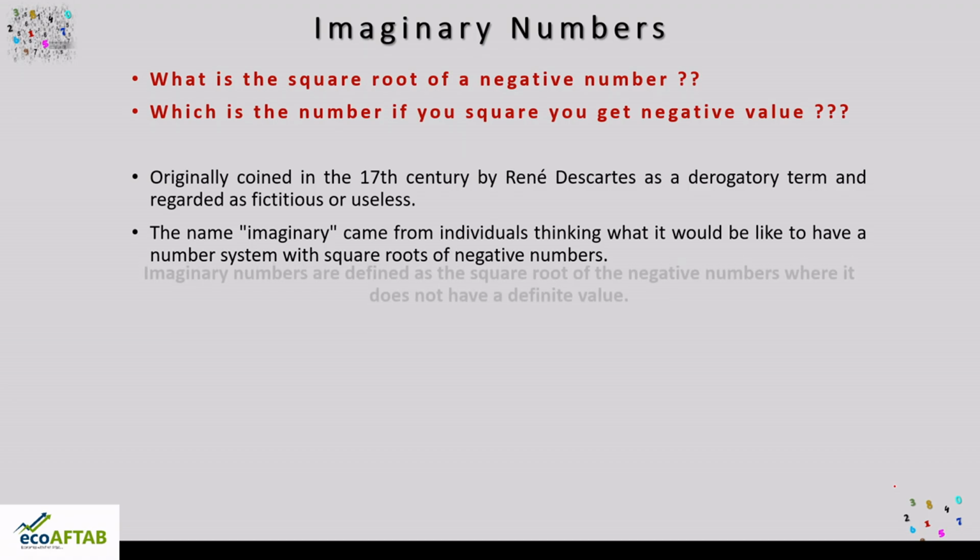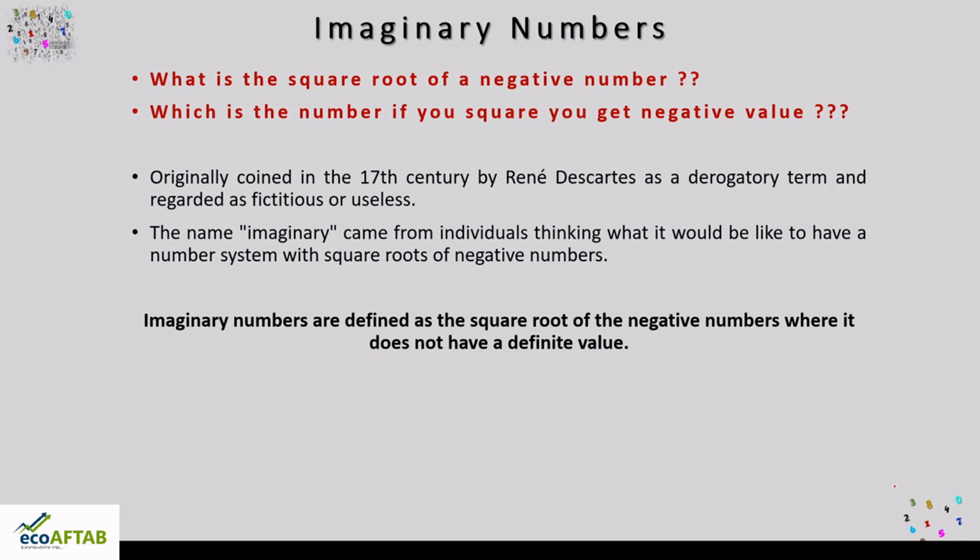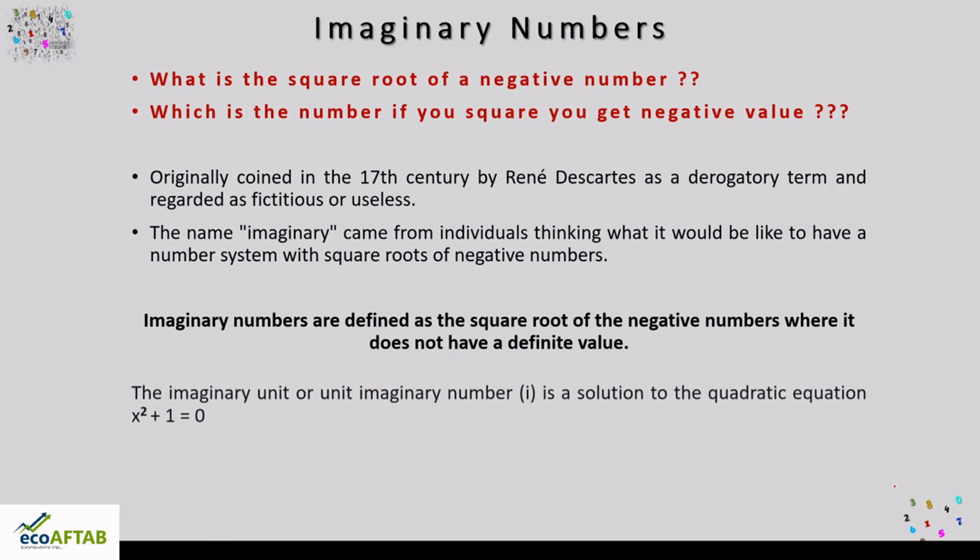That is what they were imagining. So imaginary numbers are defined as the square roots of negative numbers, which do not have a definite value. That is what imaginary numbers are.